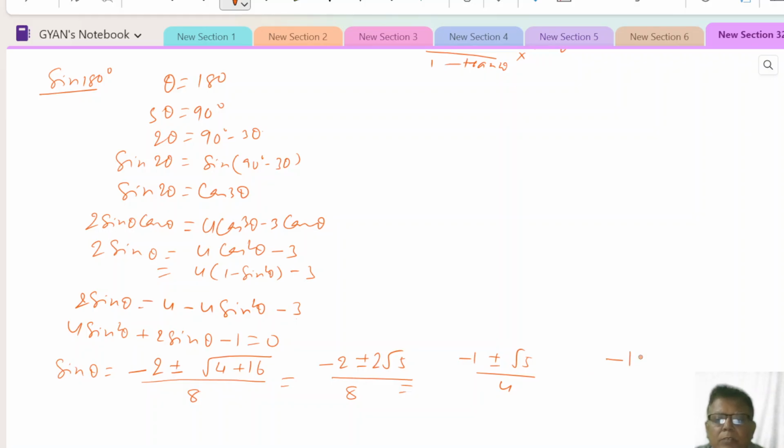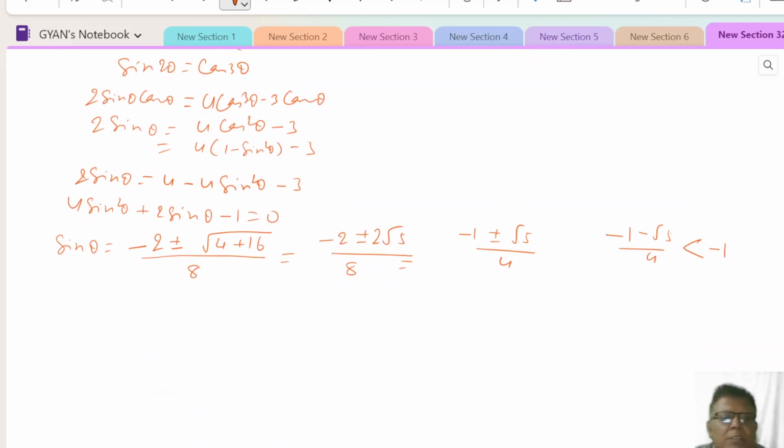But minus 1 minus root 5 by 4 is less than minus 1, which is not possible for sine. So sine 18 degree will be what? Minus 1 plus root 5 divided by 4.